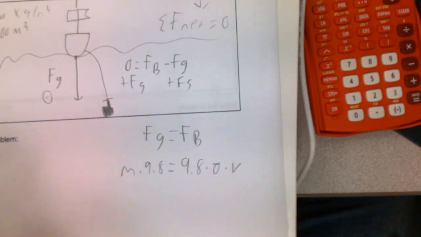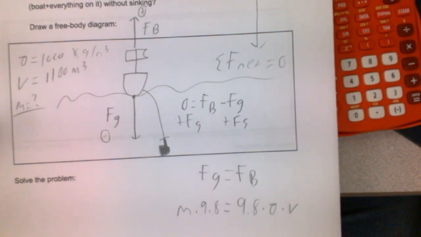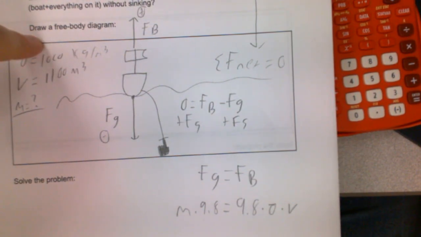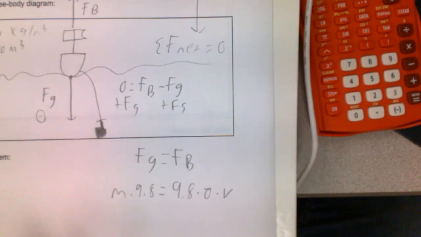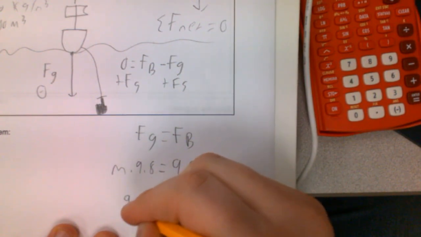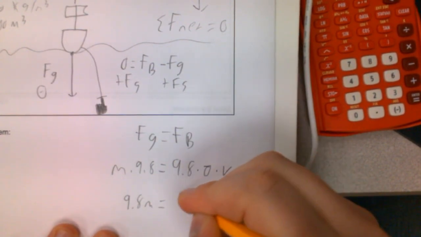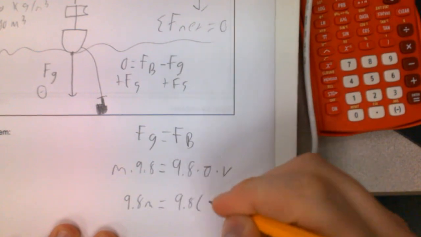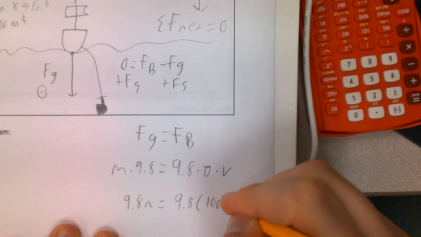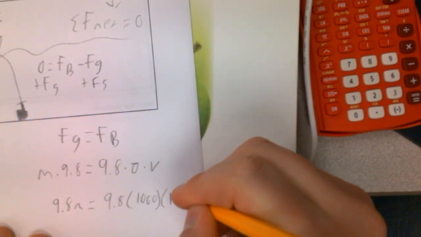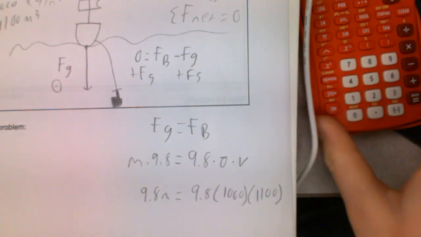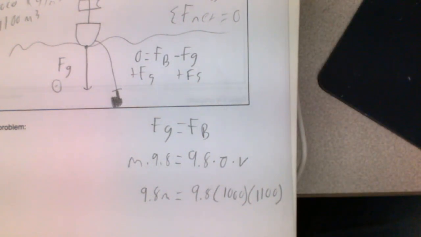Okay, so now we look over at our variables we wrote down. We have rho, we have v, we're looking for m. We can go ahead and say 9.8 times m equals 9.8 times our density, density of water being 1,000, and the volume that our boat displaced, which is 1,100 cubic meters. Now is the easy part.